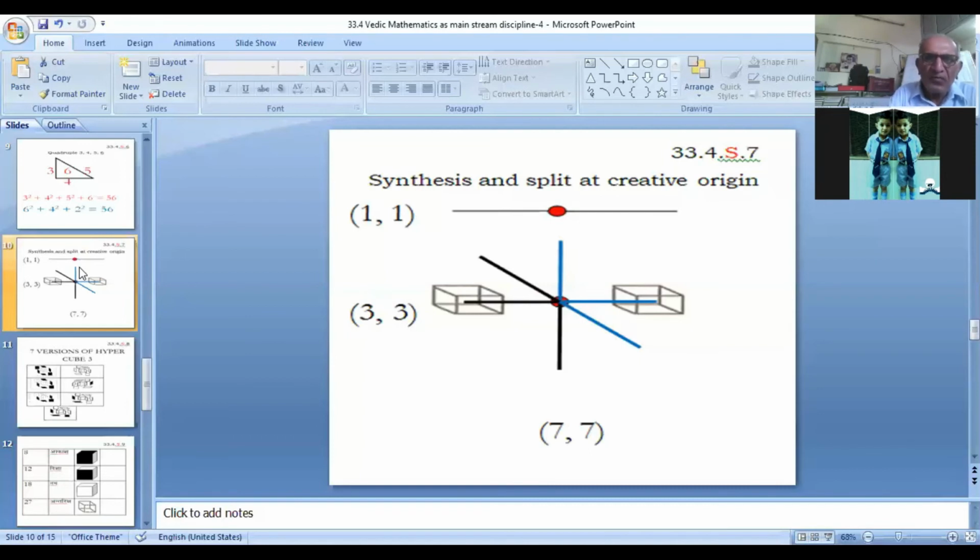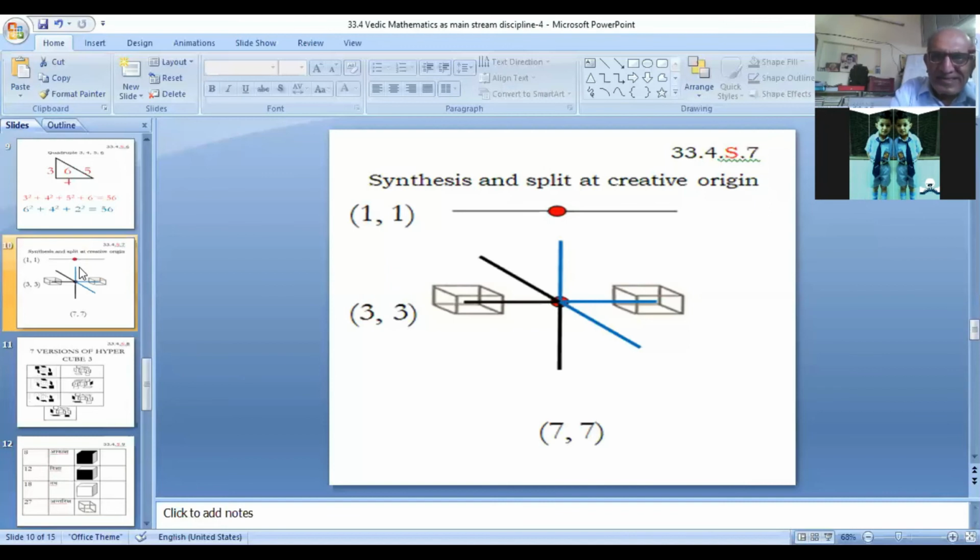Now see, when we have a linear axis and when we have a pair of linear axes, then the synthesis takes place and it is of value 3. However, the 3 space has a 3-dimensional frame of 3 linear axes. When it has a split, it results into a pair of 3-dimensional frames of half dimensions. And we know that each domain, as 3 space as a domain, is having 7 versions.